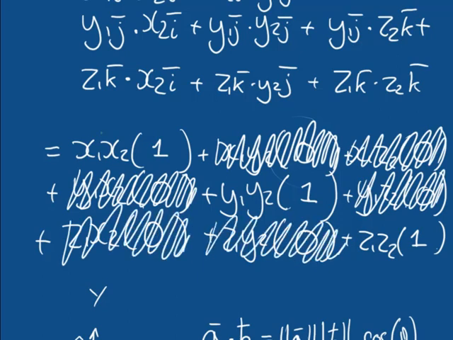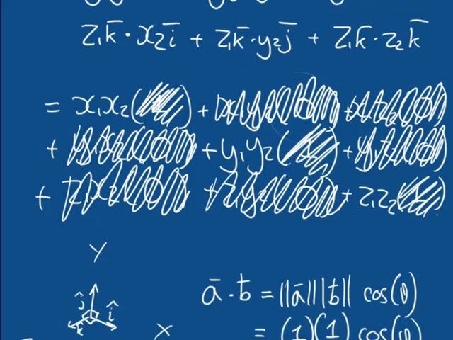We also know anytime we take something and we multiply it by a value of 1, that's just equal to whatever we had here. So if we take x1, x2 and multiply it by 1, it's equal to x1, x2. So we can get rid of this part, same here, and same here.